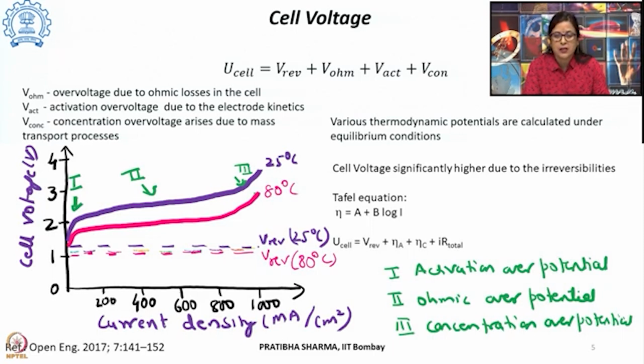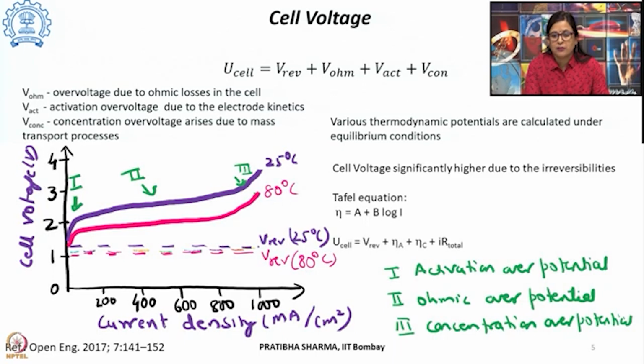These are arising, as we have seen, because of the resistances of the different components, because of the activation over voltage, because of the ohmic over voltage, and this over voltage can be related with the current density using the Tafel equation. So the over voltage is given by A plus B log I, where A and B are characteristics of anode and cathode, and I is the current density.